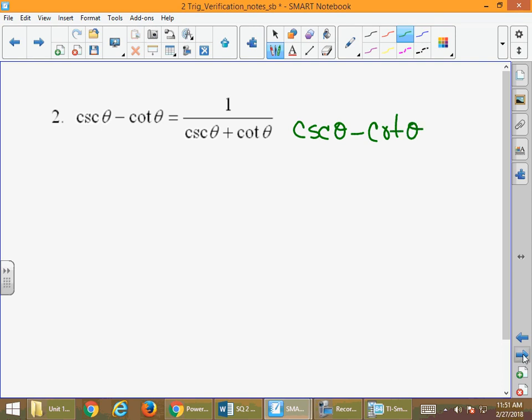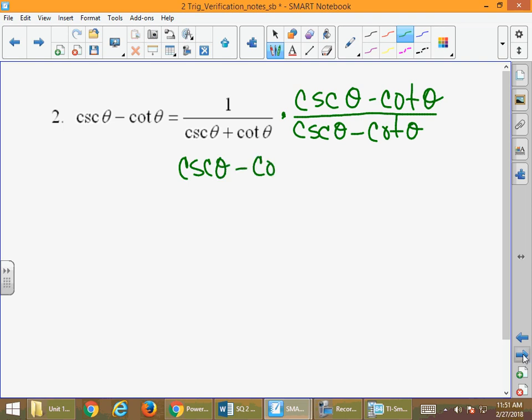But if we multiply the bottom of the fraction by that value, we have to multiply the top of the fraction by that as well. That's what I sometimes refer to as the fancy form of 1. When we multiply the top of the fraction, it's 1 times this, so we get cosecant theta minus cotangent of theta.